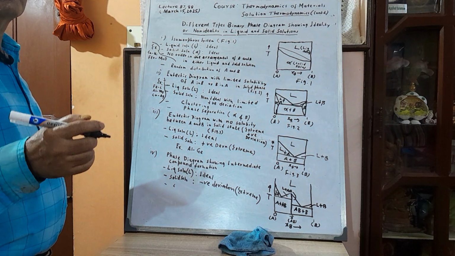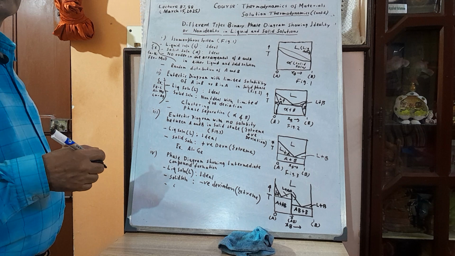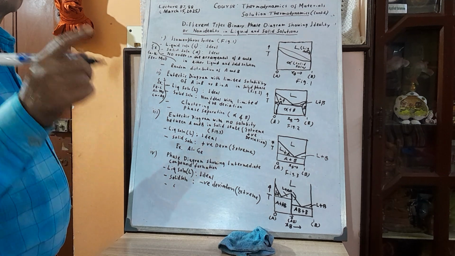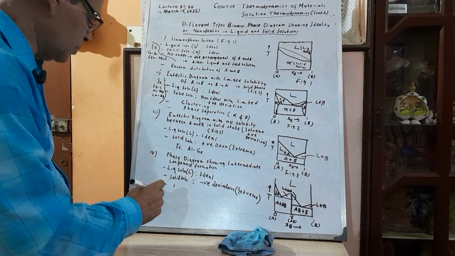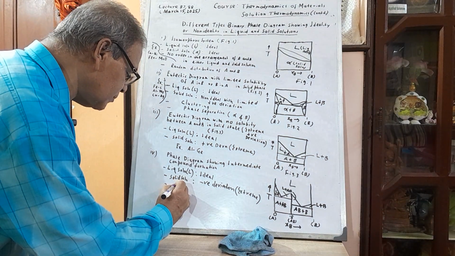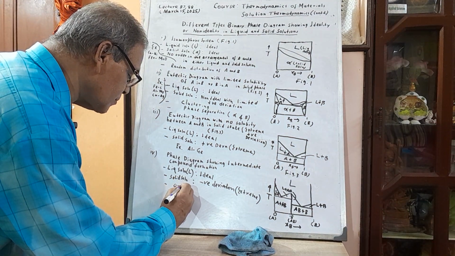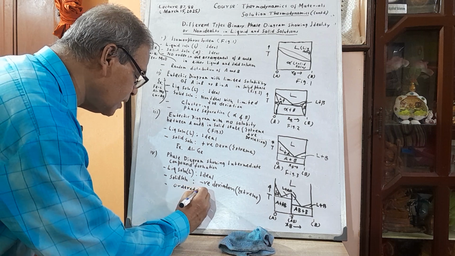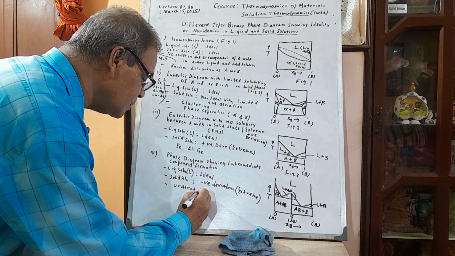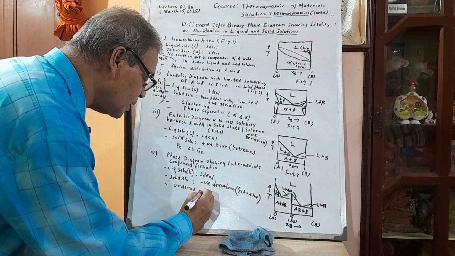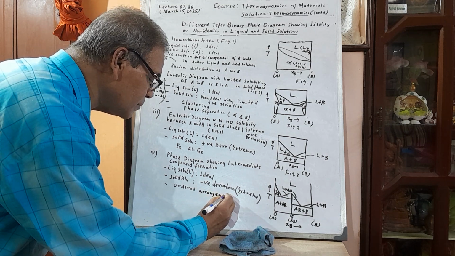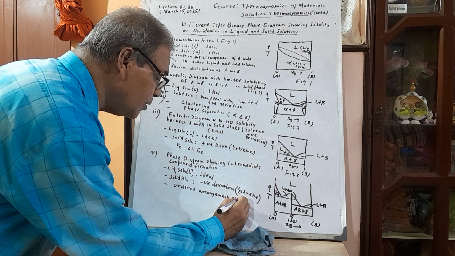One sodium atom is surrounded by 6 chlorine, and each chlorine is again surrounded by 6 sodium. Sodium chloride is a stoichiometric compound, so it is an ordered arrangement of A and B in the solid state.